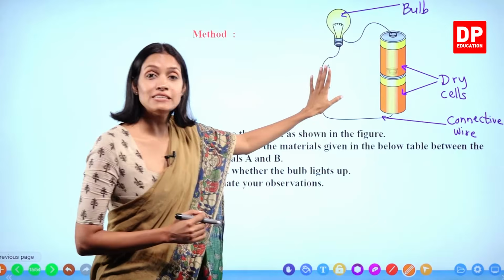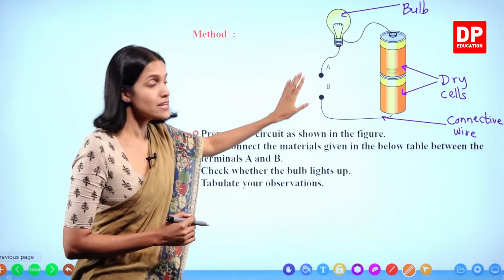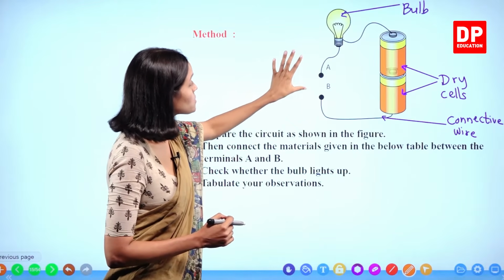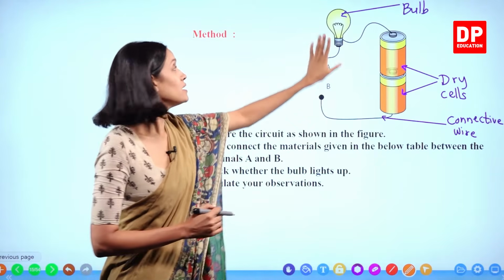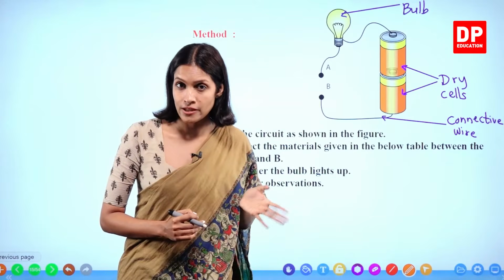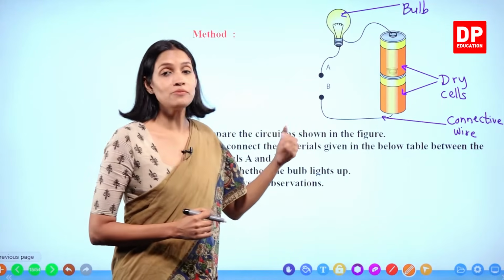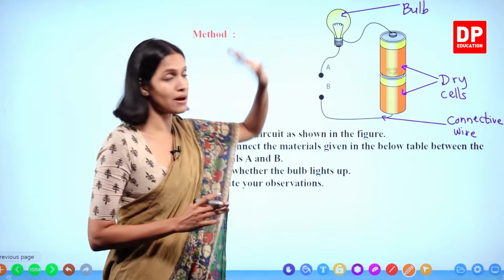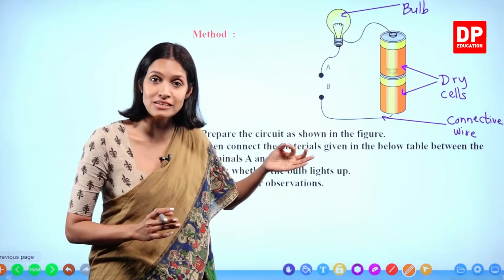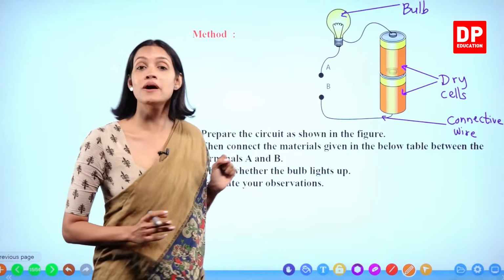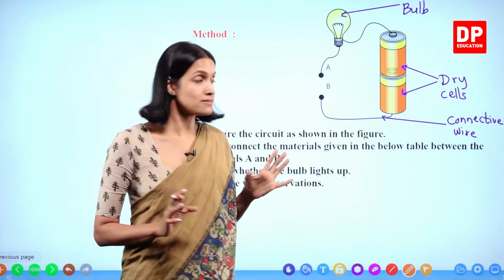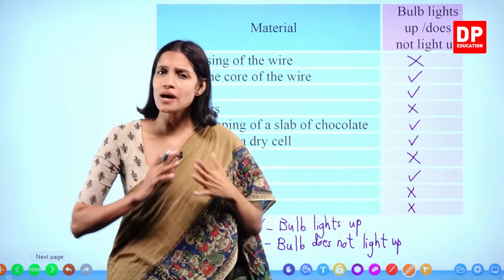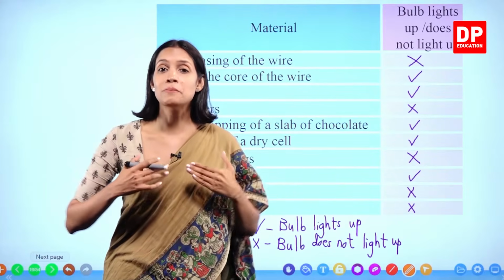Through some materials electricity does not pass. If we connect those type of materials in the gap, the bulb will not light up, right? At the same time, when we went through the observations, it was very clear with some materials the bulb lights up. Those are the materials where the electricity passes through. Okay, children? So after doing this activity, it's very clear only through some materials electricity passes.